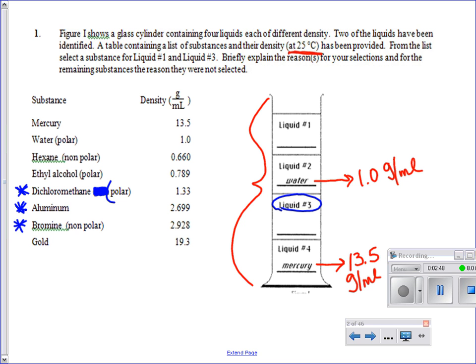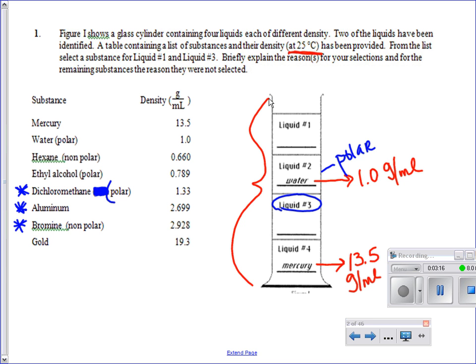What do you know about the things above and below water? Water's polar, right? Since water's polar, what would happen between water and dichloromethane? They dissolve in each other, so you wouldn't have a separate layer.